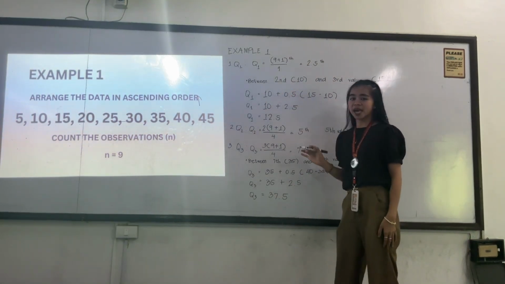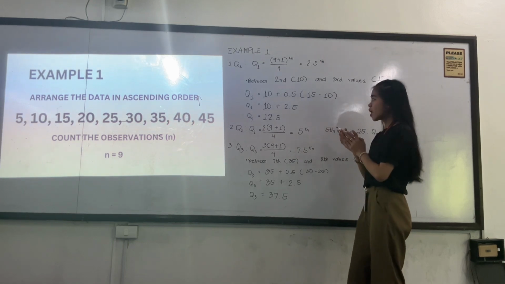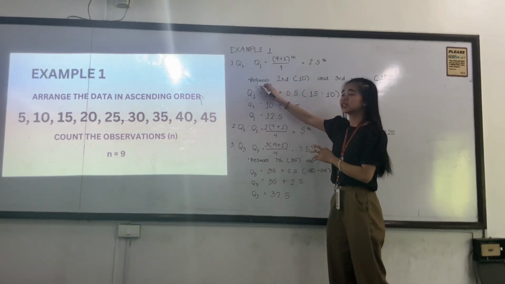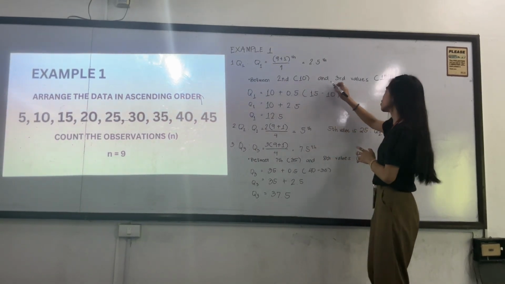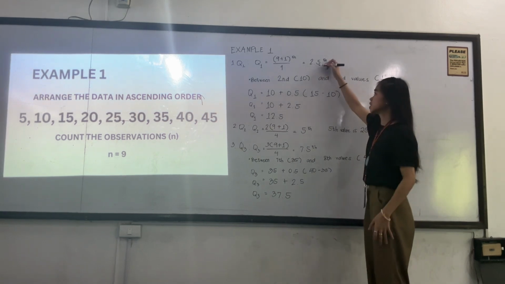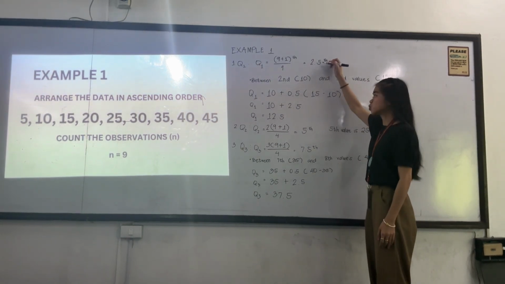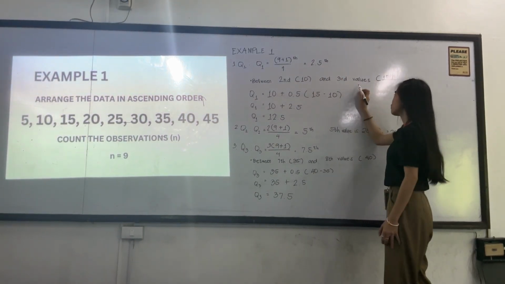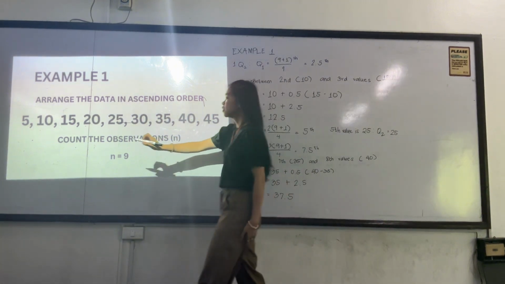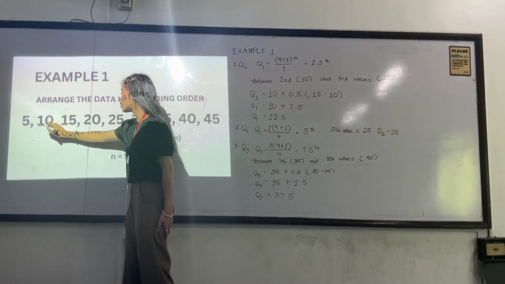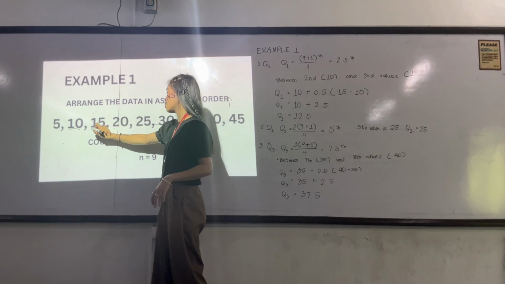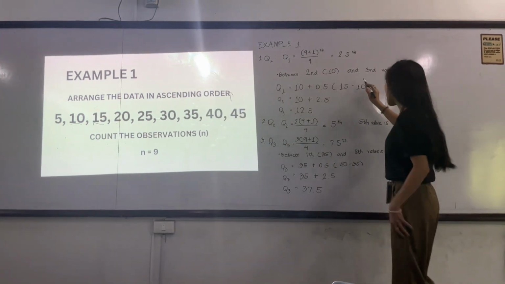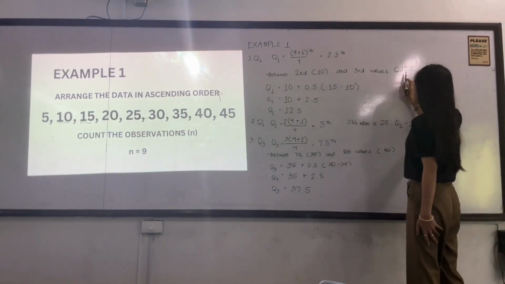So in this case, we have to find the value between the second and the third values. The second value is 10, and the third value is 15. So we have here the 10 and 15.